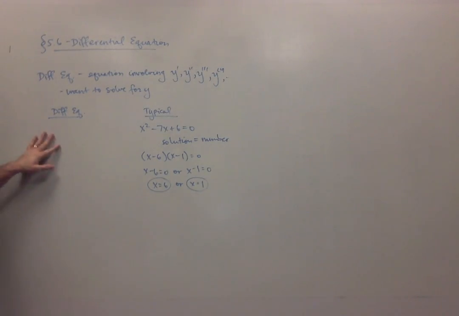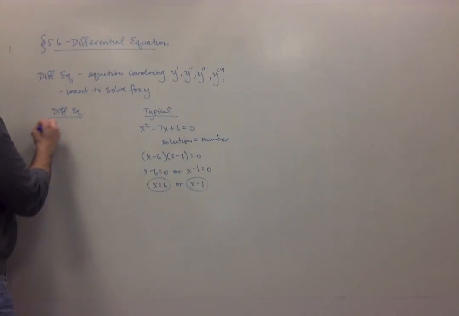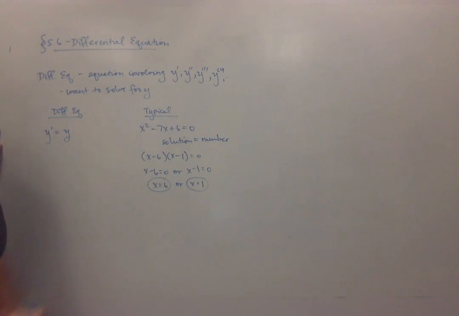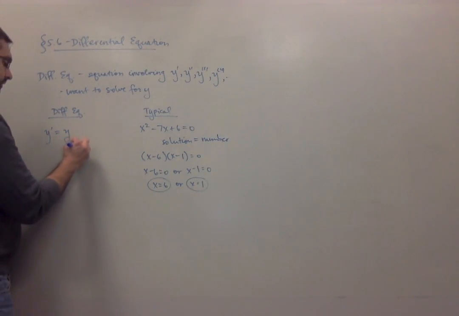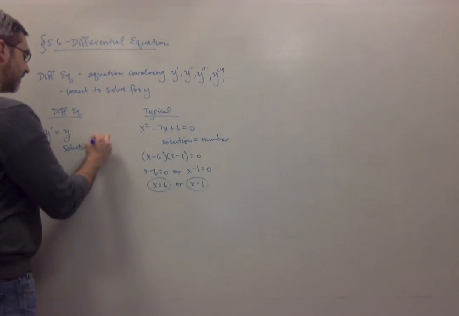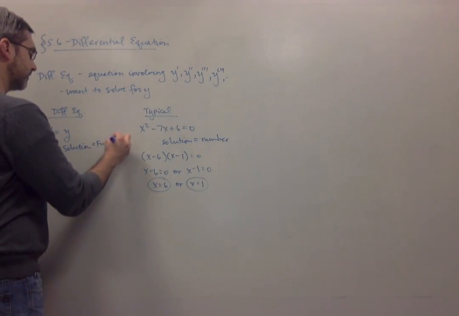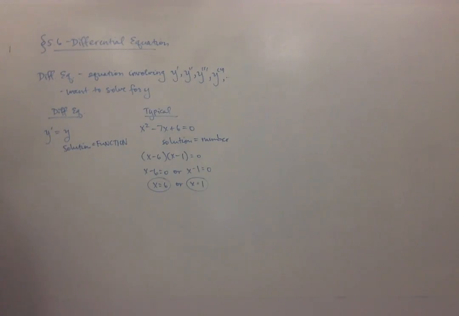In a differential equation, an example would be y prime equals y. So a function whose derivative is itself. So the solution here is actually a function, or it's a collection of functions.